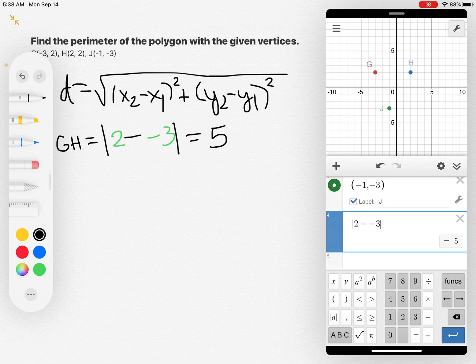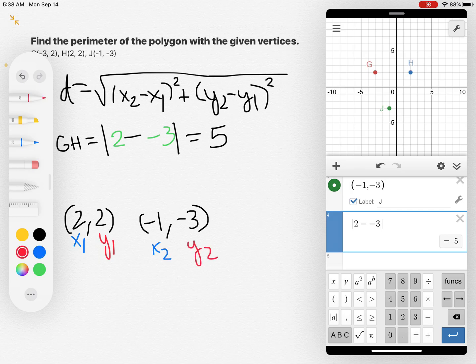So let's try H to J. So I'm going to write out my points here. 2, 2. -1, -3. We'll call 2, 2 x1, y1, and we'll call the other point -1, -3, x2, y2.